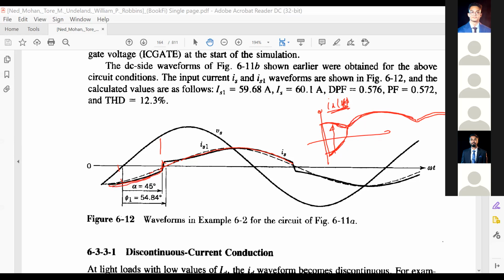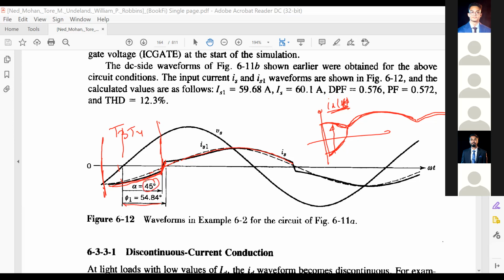But this one, can anyone tell me, whose thyristor should be conducting when the current is negative? IS is negative. Then whose thyristor should be conducting? T3 and T4. T3 and T4. And then this is your commutation. And phi 1 they have already found.